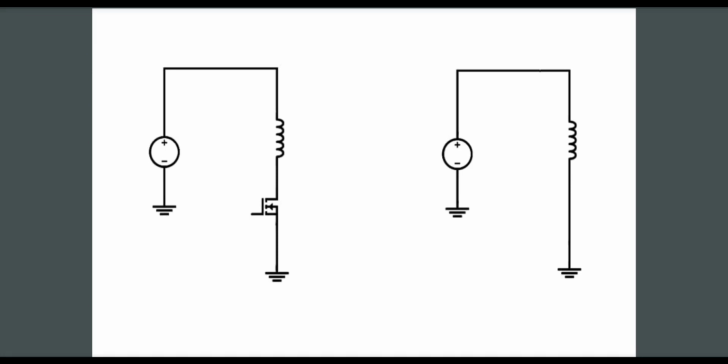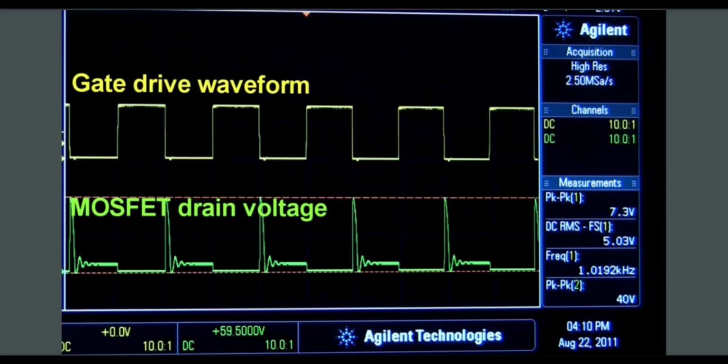The problem arises when we use a circuit of this sort. Let's assume we are using an inductor in place of a resistor, and we are using a MOSFET which we want to use as a switch. If we use this circuit in a practical case, let's see what happens.